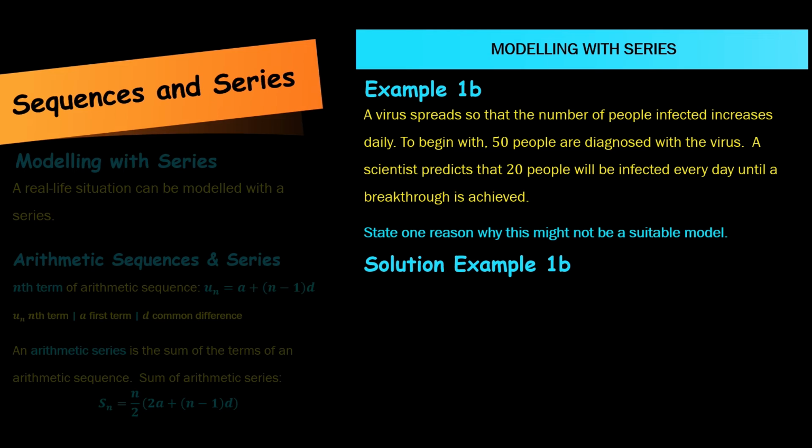This is likely in real life to fluctuate, so it could be 19 or 21. It might vary, even if this is a very accurate model. So it is unlikely that the virus will spread by exactly the same amount every day.